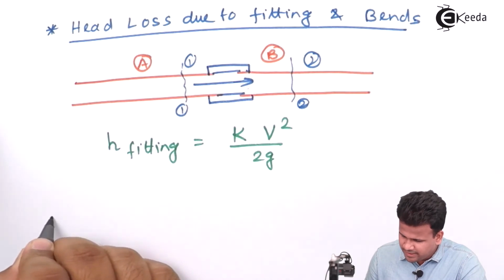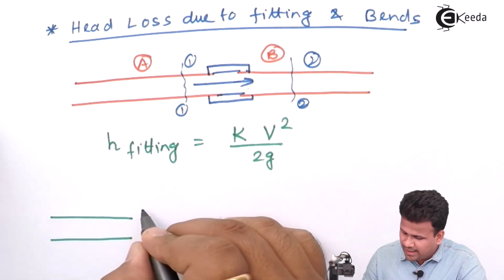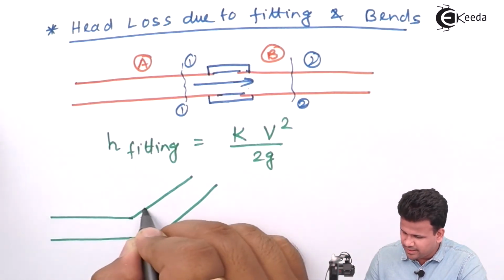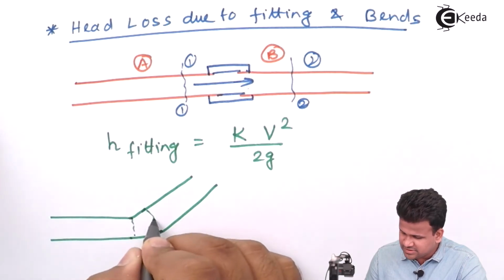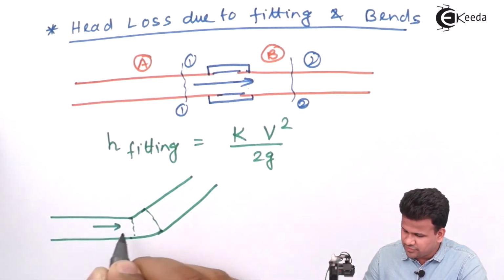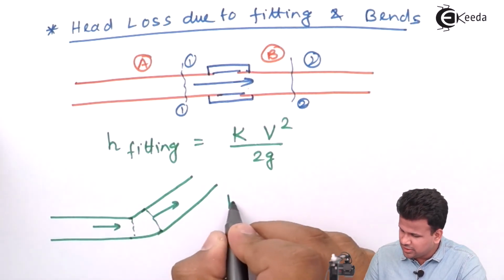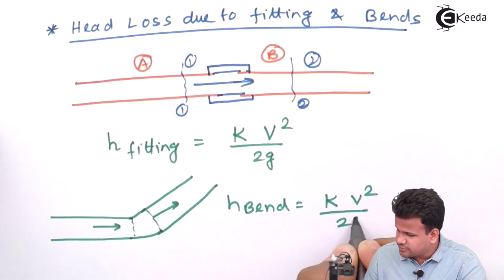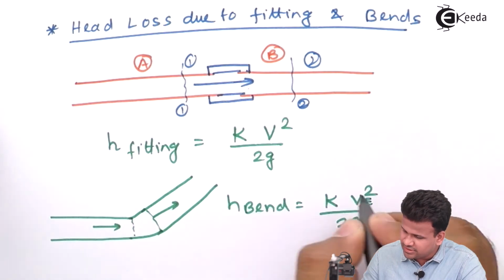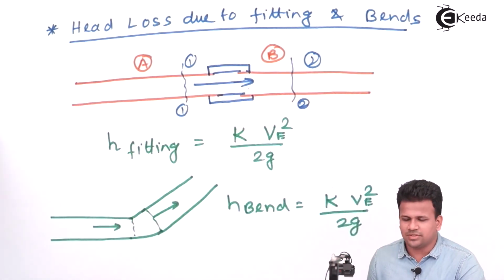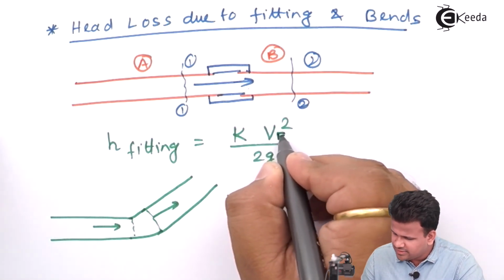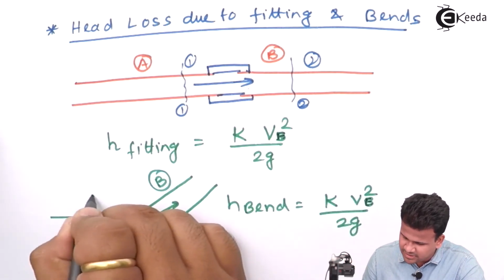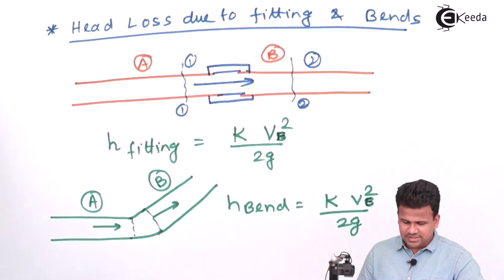Similarly, if there is a pipe and another pipe at some angle, connected by a bend, there will be some head loss due to the bend. The fluid flows in this direction, so head loss due to bend is given as K into V square by 2g. This is the exit velocity of the bend and of the fitting. We'll write this as VB, considering this as pipe B and this as pipe A.